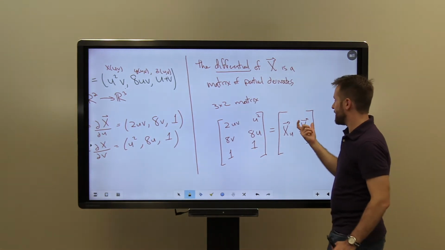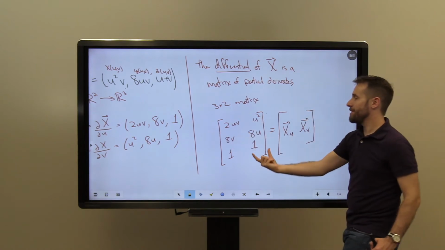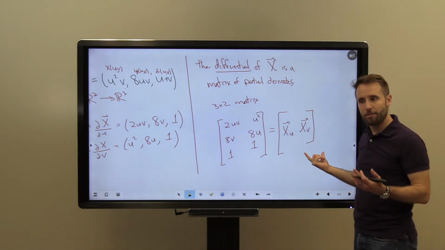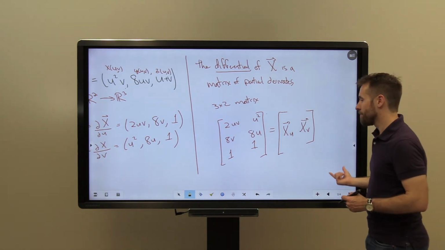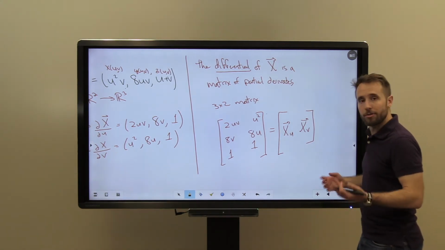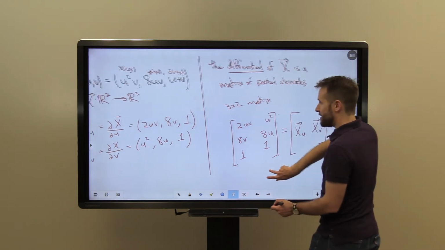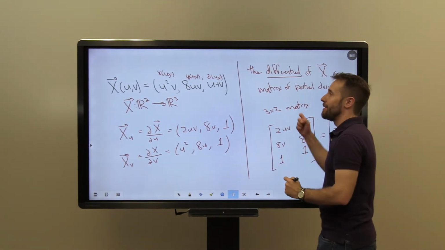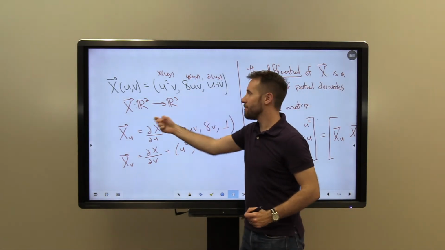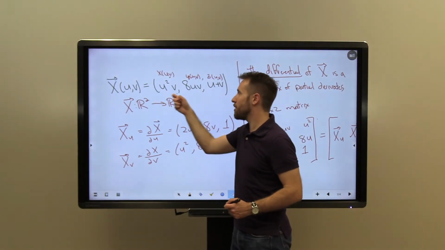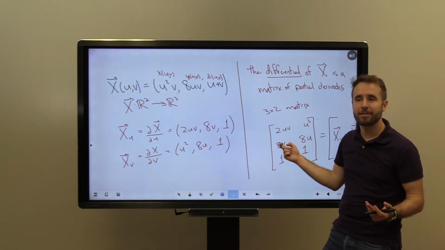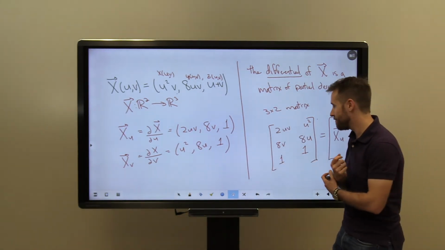And similarly, x sub v, because I've taken this and written it in a column form. So this gives me a nice shorthand way to write this differential. And then finally, the dimensions of this matrix were determined precisely by this function here. Because this was a function from R2 to R3, this became a 3 by 2 matrix. And so that's where those numbers are connected.